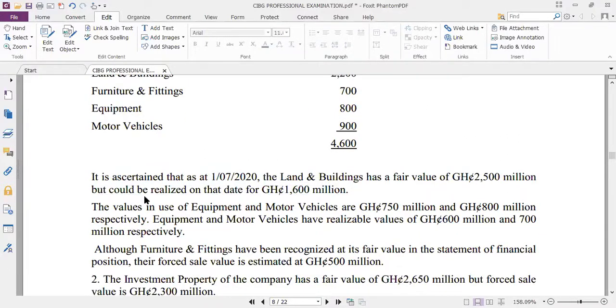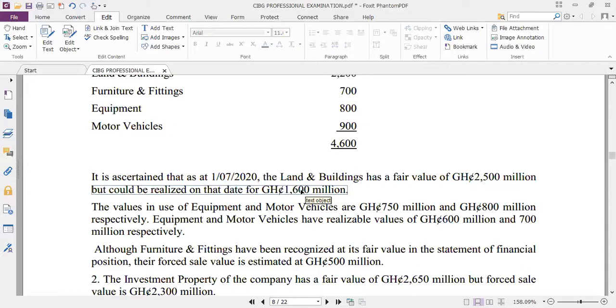It is ascertained that as of 1st July 2020, the land and building has a fair value of 2,500 million. So I'll pick fair value, even though it could be realized on that date for 1,600.